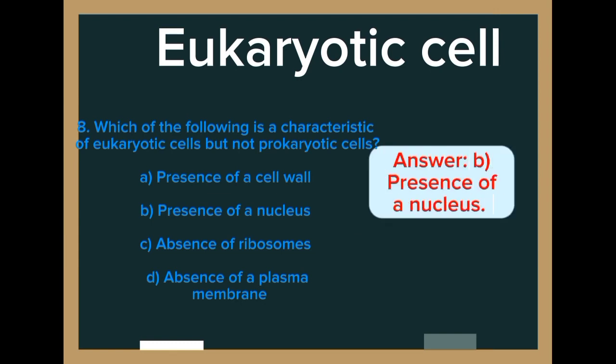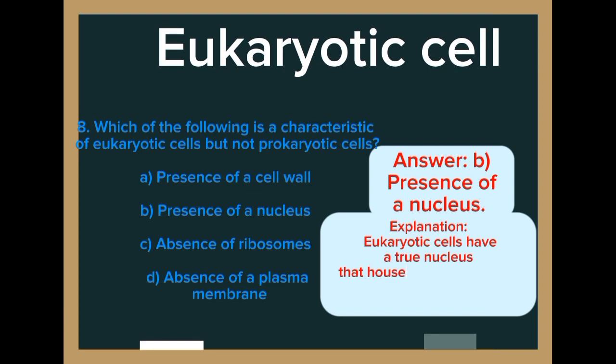Answer B. Presence of a nucleus. Explanation. Eukaryotic cells have a true nucleus that houses genetic material, while prokaryotic cells lack a defined nucleus.